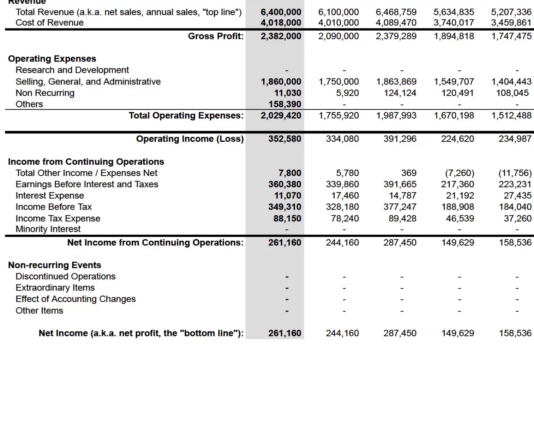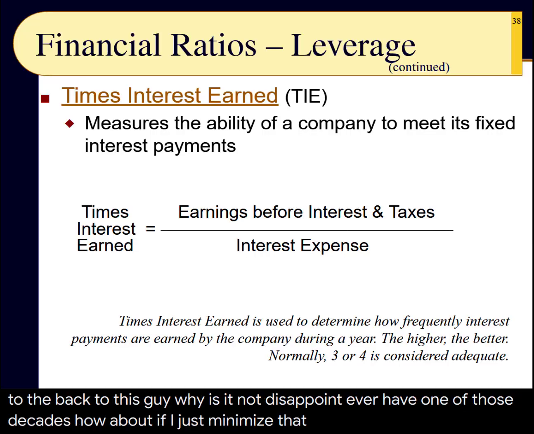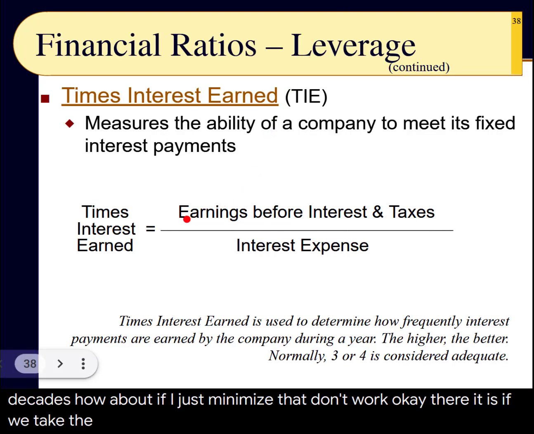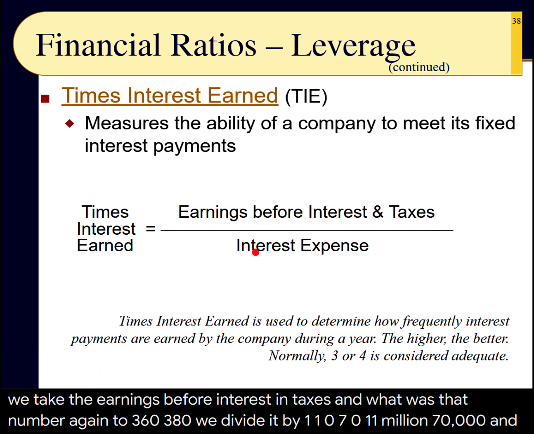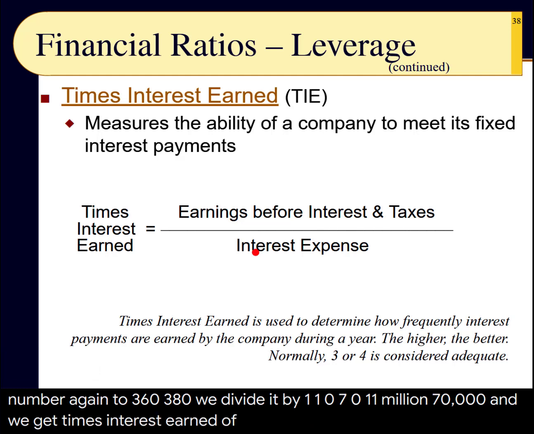Why does it not disappear? Oh, did you ever have one of those days? How about if I just minimize that? That'll work. Okay, there it is. If we take the earnings before interest and taxes, 360,380, we divide it by 11,070, and we get times interest earned of 32.5.